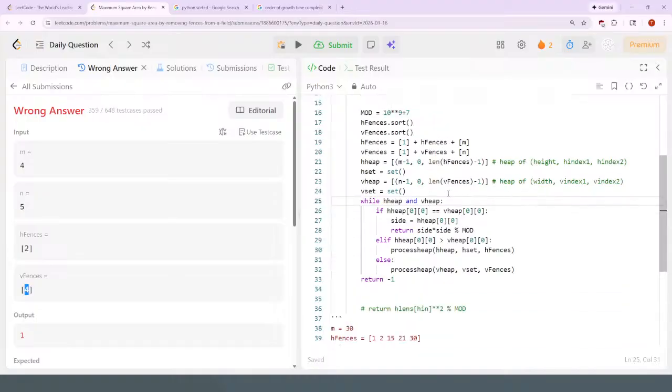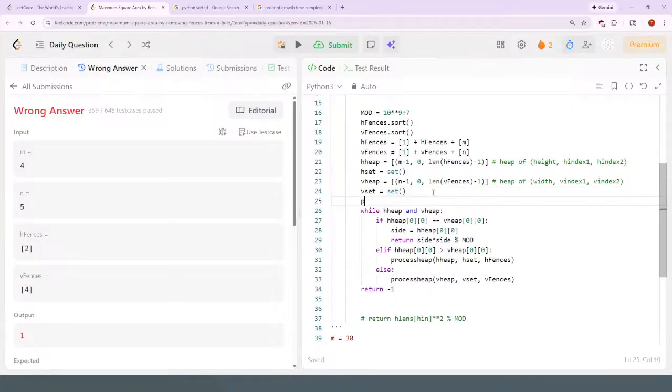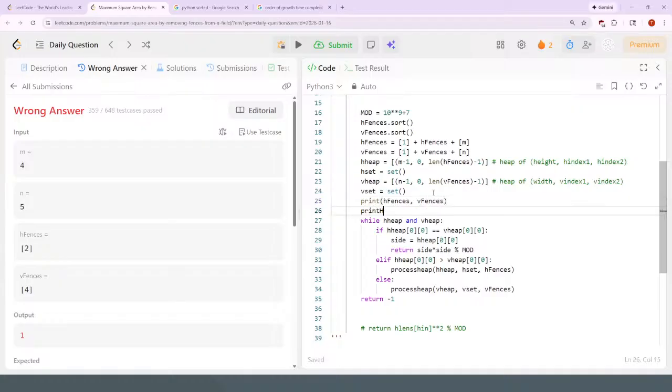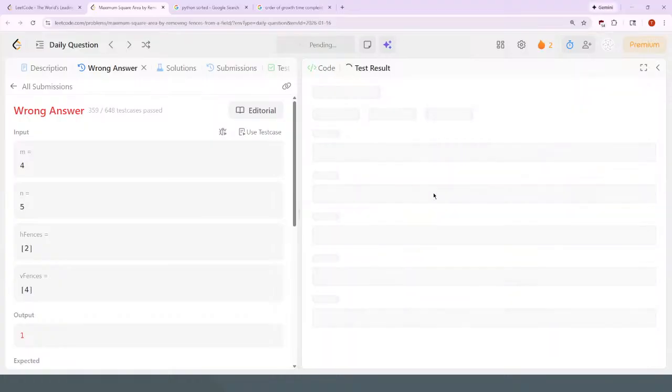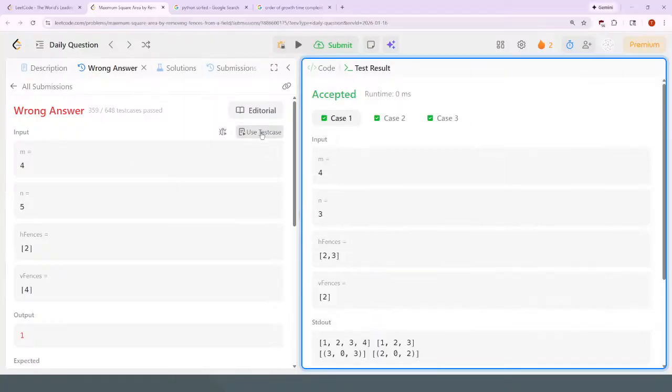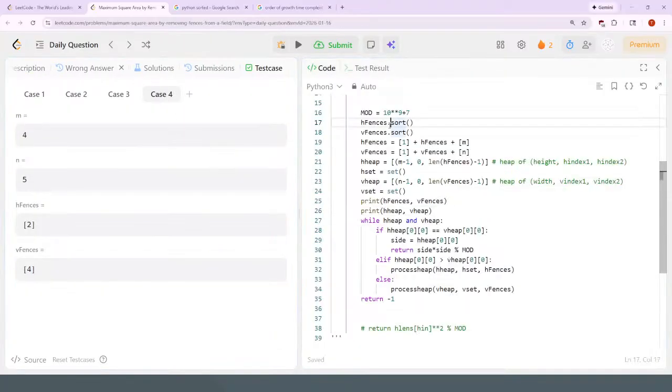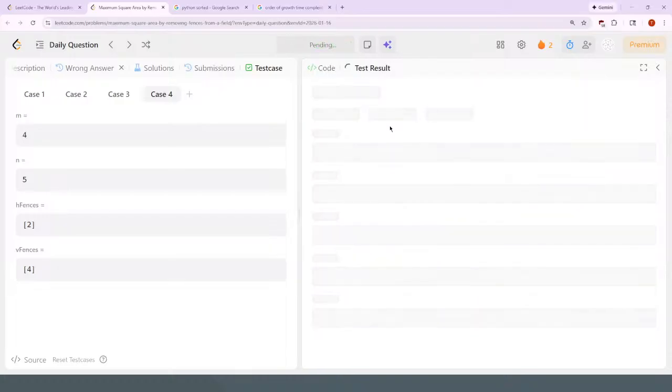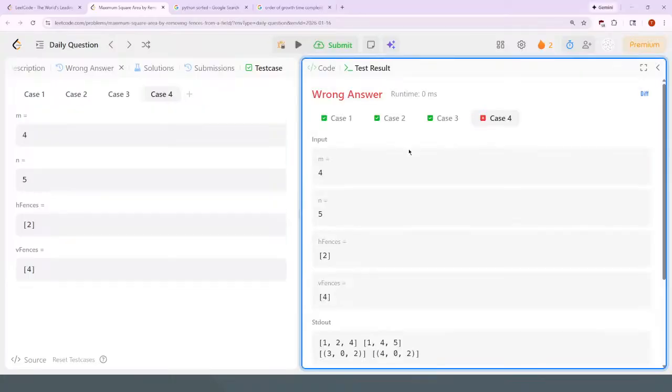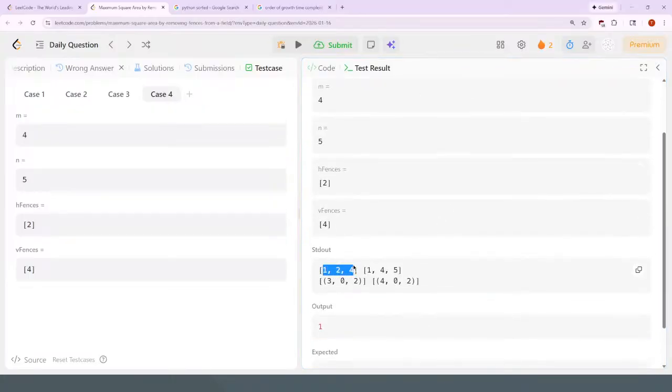Okay, let's go and just print out what I want to print out here. H fences, V fences, and then print out the H heap and the V heap. Oops, I probably need to use this as a test case. One two four one four five, 302402.